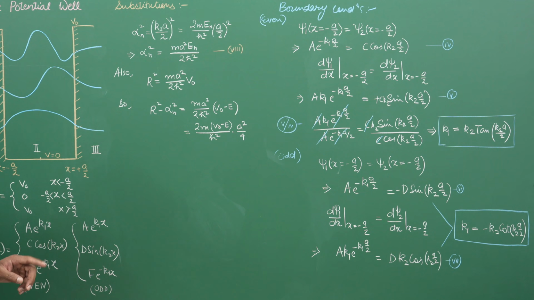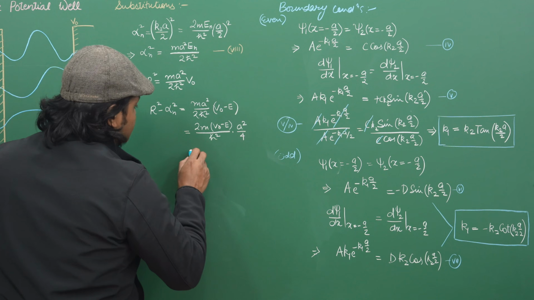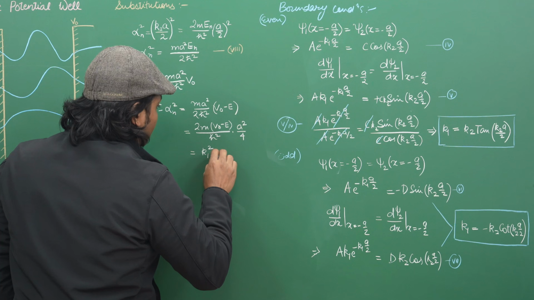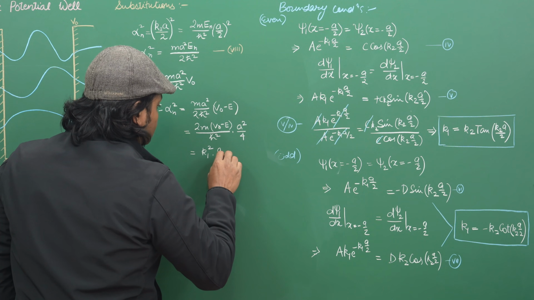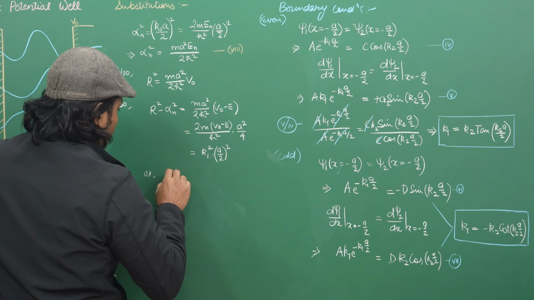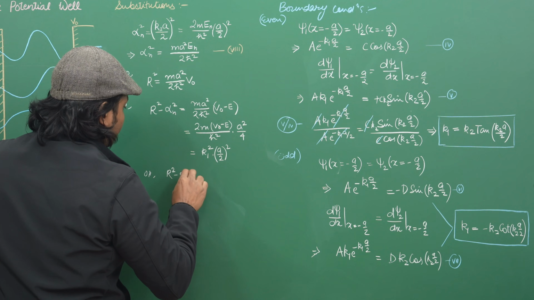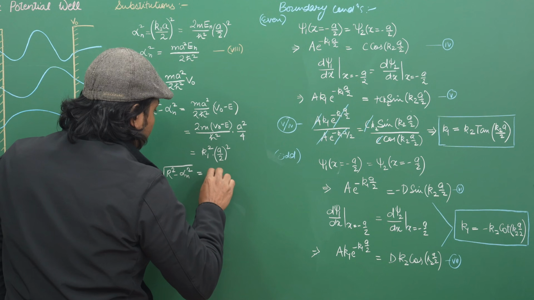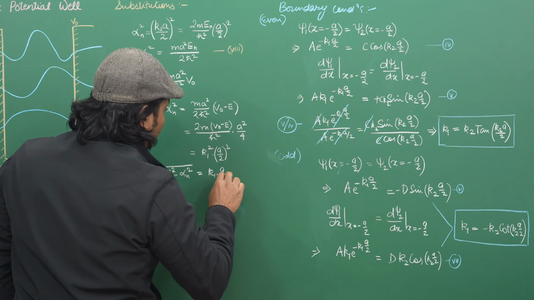I have not written it here on the board, but that is how I defined it initially when I was writing the Schrodinger equation. That is K1 square, and then we have a upon 2 square. That means root over r square minus alpha n square is equal to K1 a upon 2.